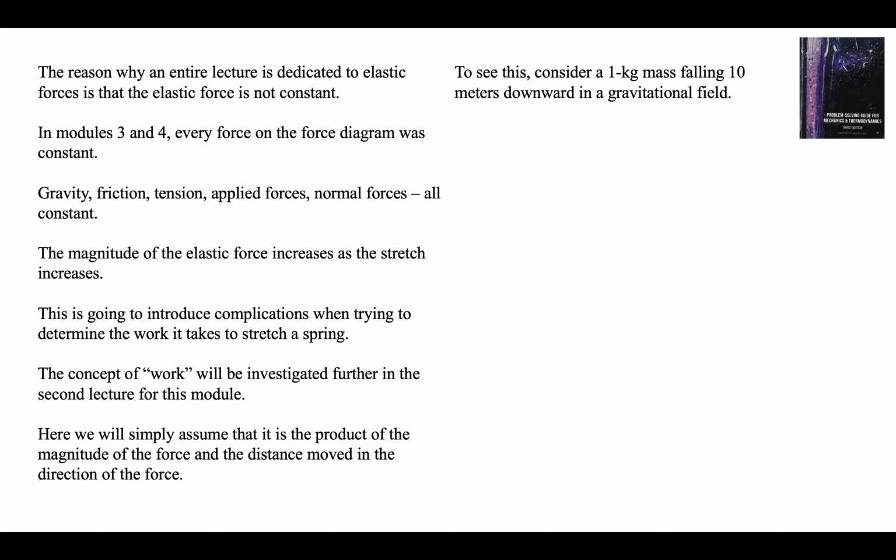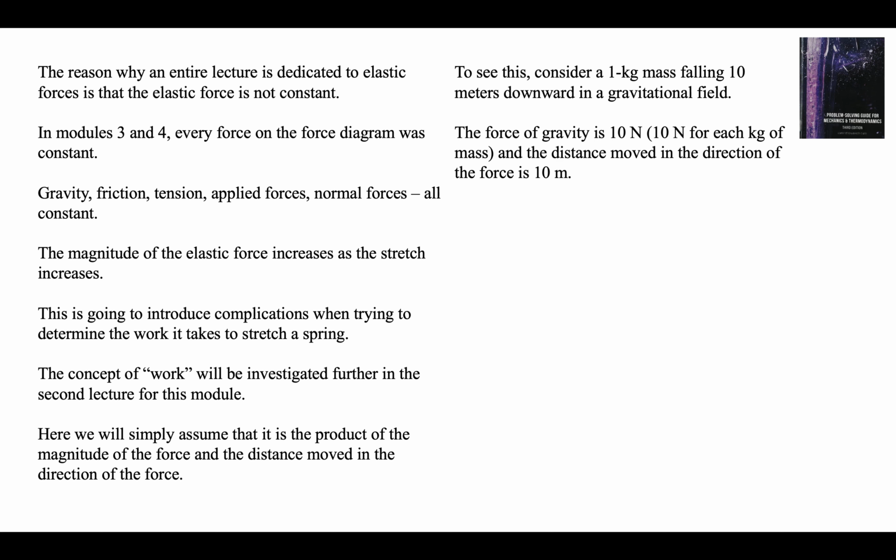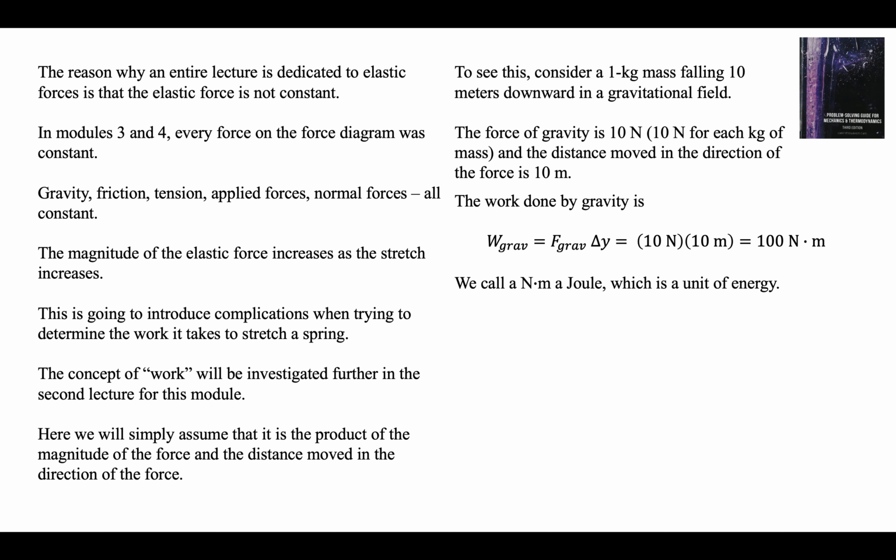The force of gravity on that 1 kilogram mass is 10 newtons. It moves 10 meters in the direction of the gravitational force, straight down. The work done by gravity is 100 newton meters. A 10 newton force exerted over a distance of 10 meters. We call this a joule, which is a newton meter. It's a unit of energy.